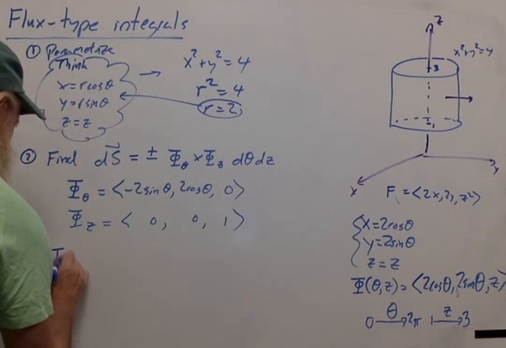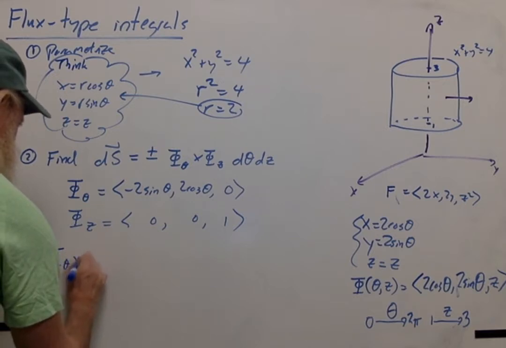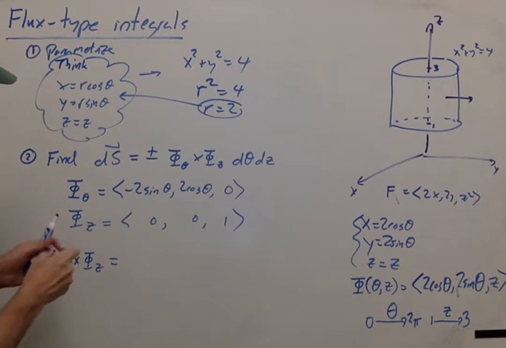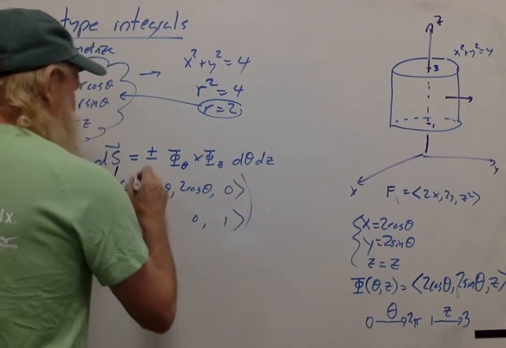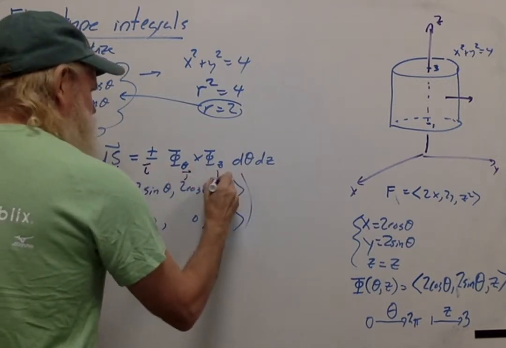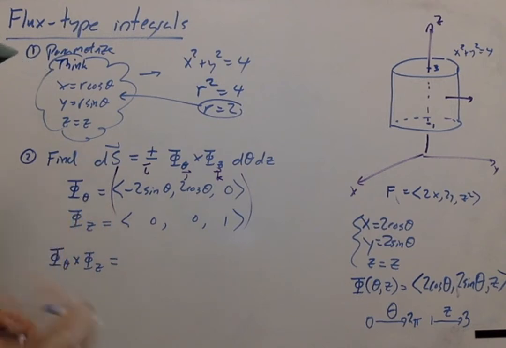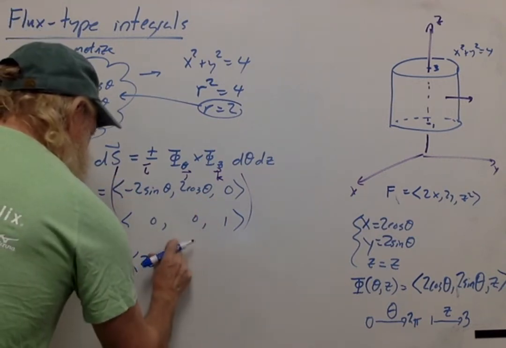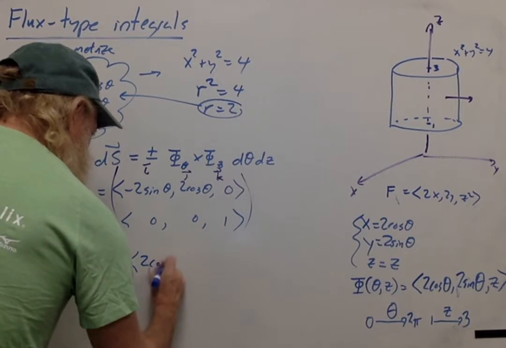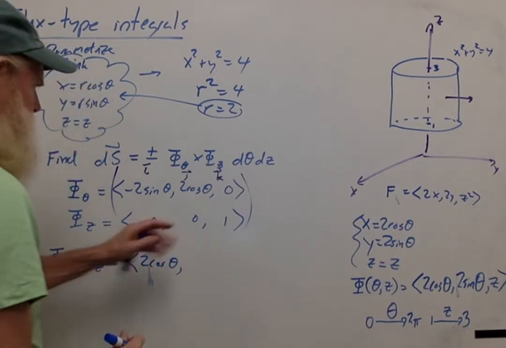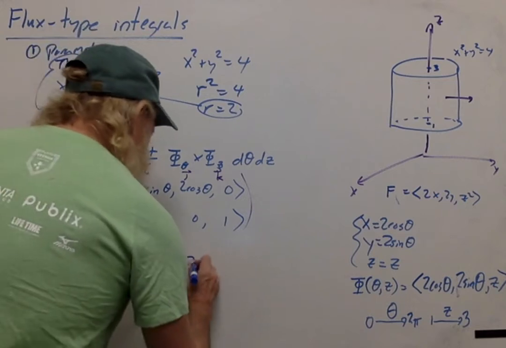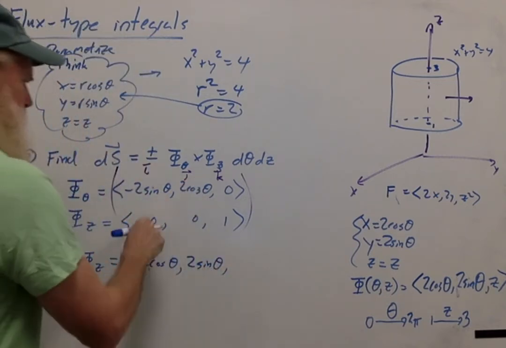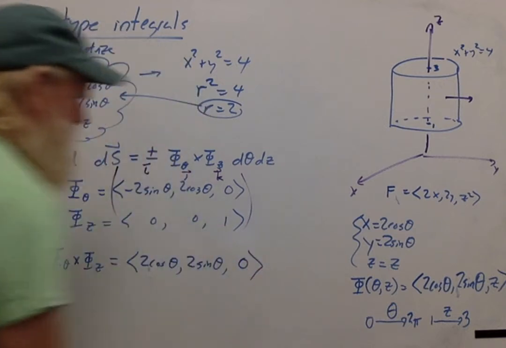So when I take the cross product of those, let's imagine that i, j, k appear. I get 2 cosine theta, 2 sine theta, and then 0.